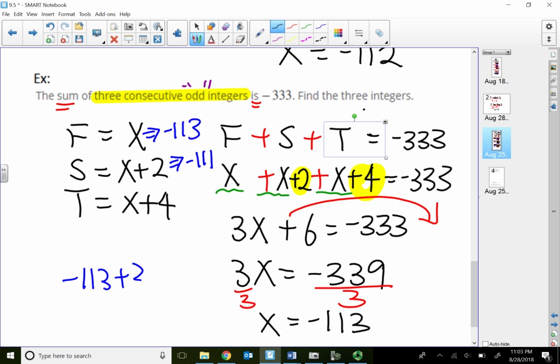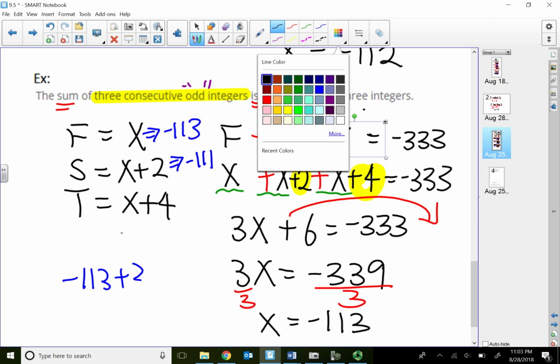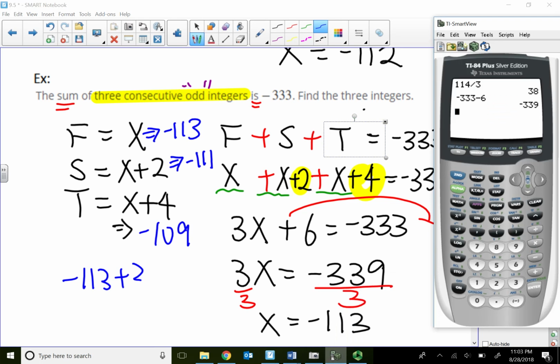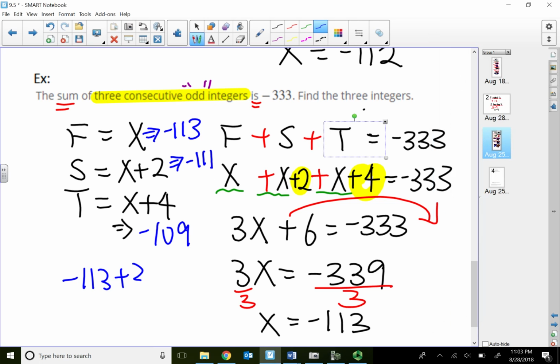So the one to the right of the second one has got to be negative 113 plus 4. Do 2 more, that'll be negative 109. If you don't believe me, take negative 113, which is what the x was, plus 4. All right, negative 109. So these 3 are my consecutive odd integers.